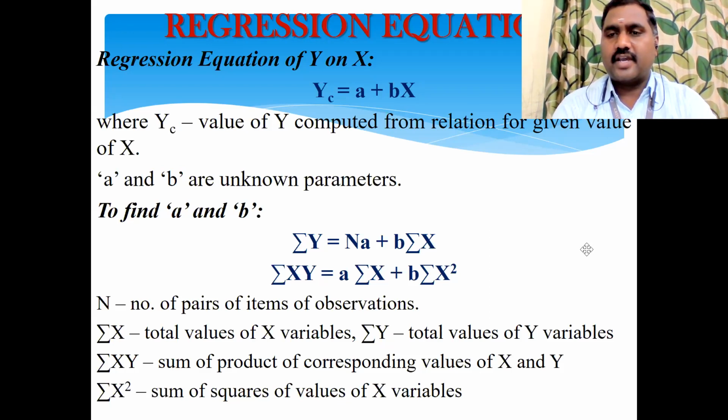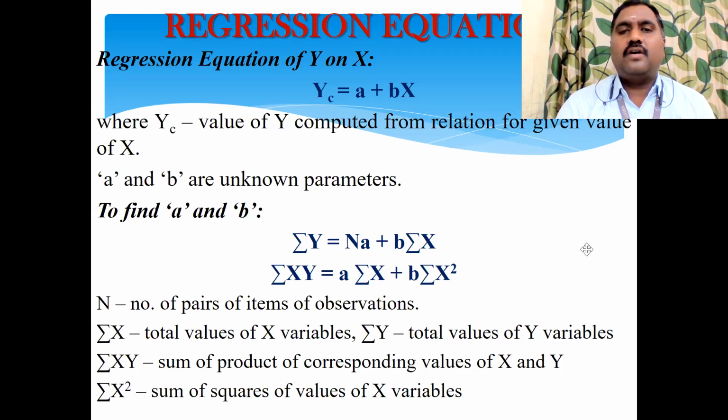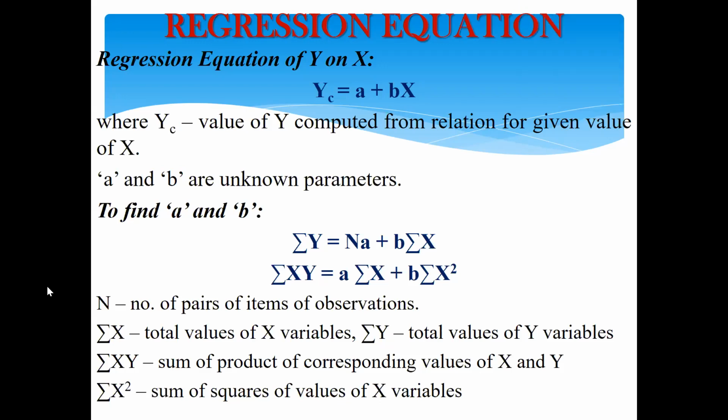I will change the slide, because next you have the formula for the regression equation of x on y. Once you are done, please kindly update me. Copy the formula. Copied. Okay, Arvind, thank you. Others?